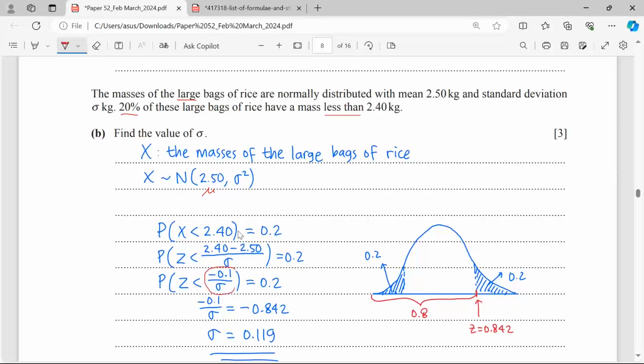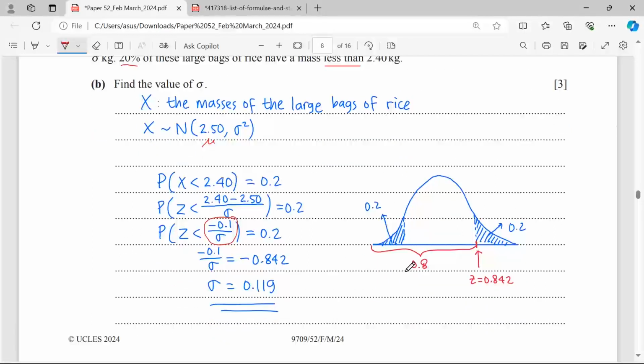We have to figure out this value from the table. Probability z is less than what number will give you 0.2. If you try to illustrate it like this, this is 0.2, the area is 0.2, and actually we would like to find out what is the z value for this one.